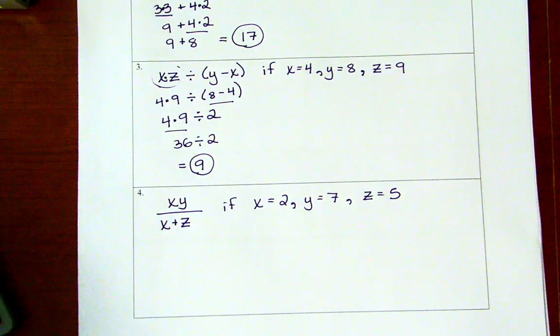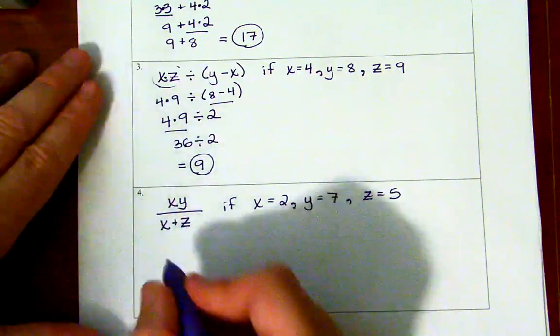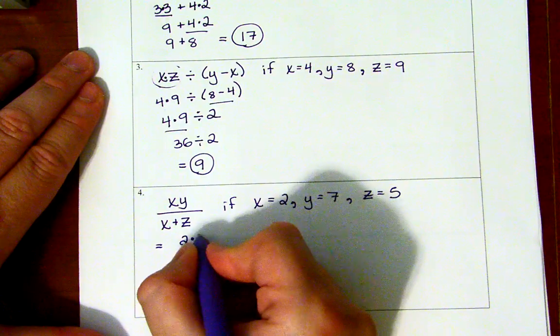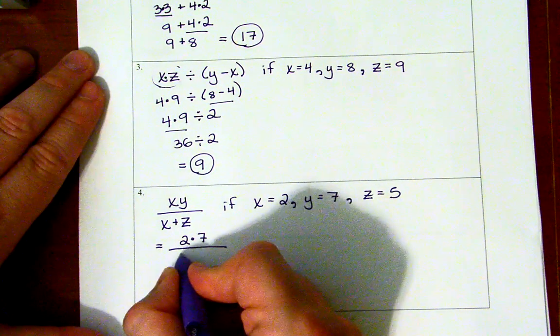Before you fill things in, question for you, what sort of problem do I have up top? Addition, subtraction, multiplication, or division? Hopefully you said multiplication. Go fill in your numbers. I'm going to make sure I put that multiplication dot between the 2 and the 7 up top.